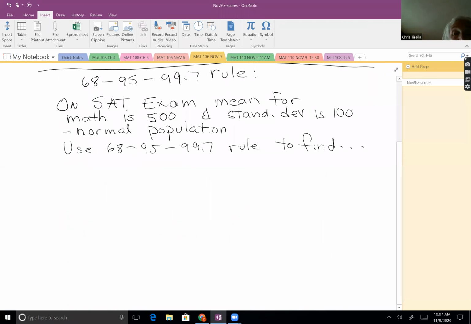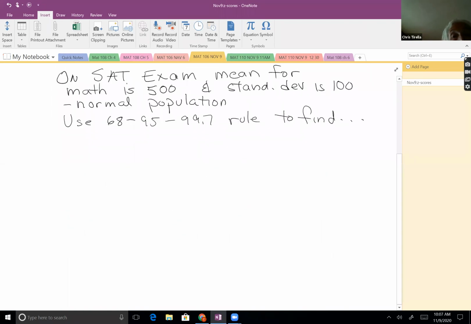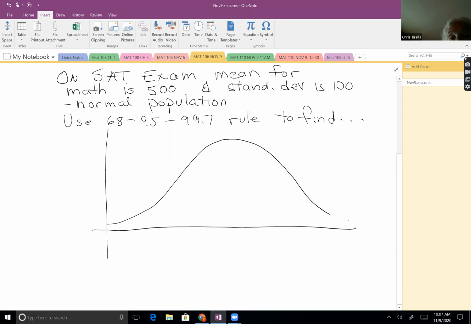So now back on Friday, I think we had said whenever we saw that phraseology 68, 95, 99.7 rule, the first thing we did was we drew a bell curve. And in that bell curve, we'd mark the middle with the mean.